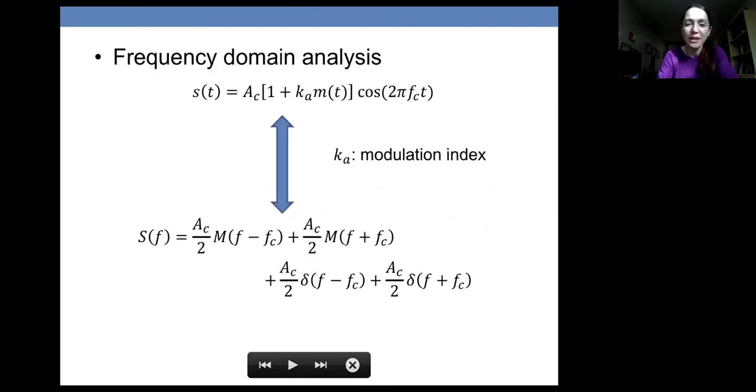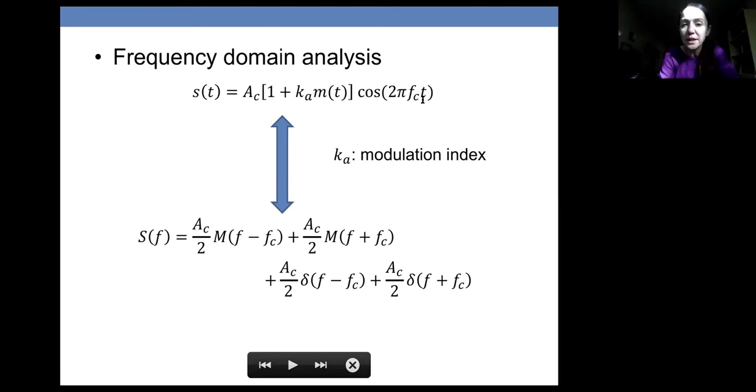So let's see. Remember, the double sideband suppressed carrier part is m of t times cosine 2 pi fct. Now, we are also adding a scalar, a DC term onto the message, and then multiplying with the cosine.